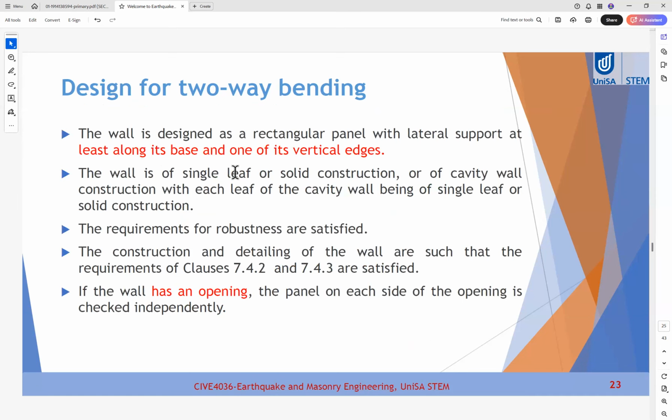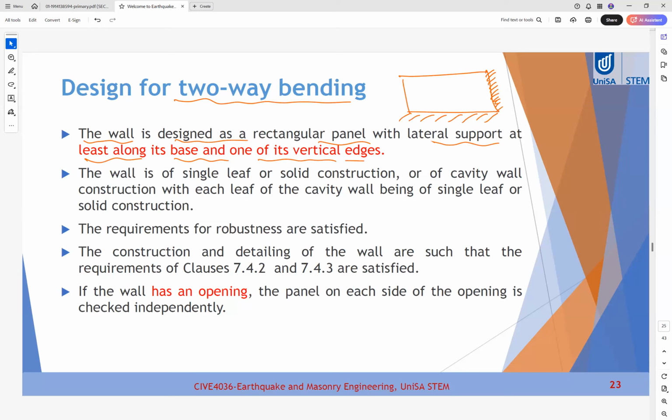Here are some notes about the two-way bending design. The wall is designed as a rectangular panel with lateral supports at least along its base and one of its vertical edges.